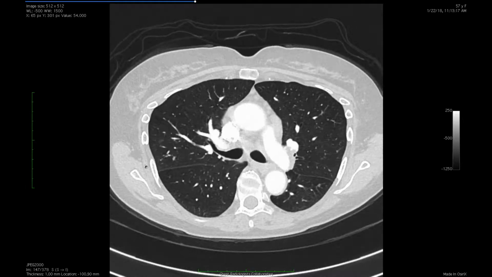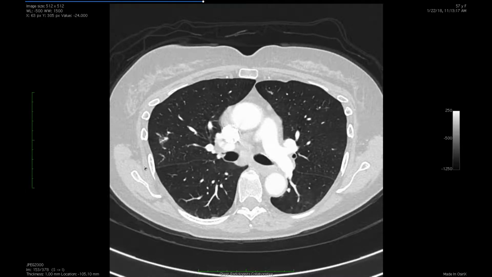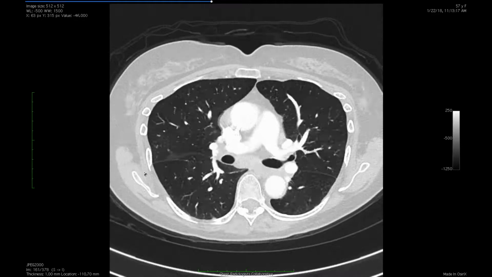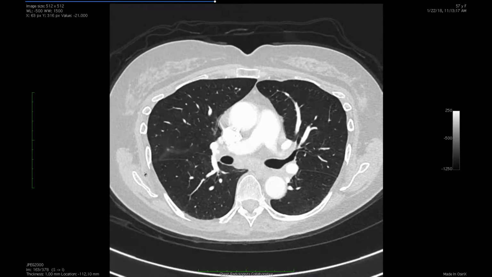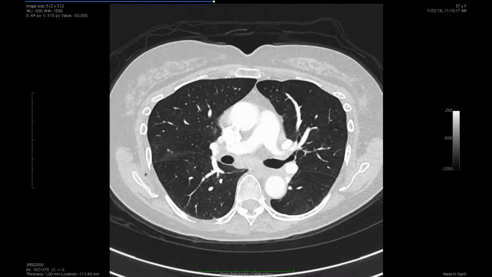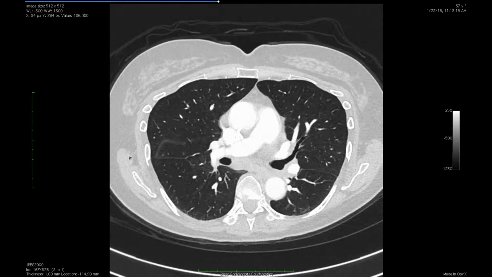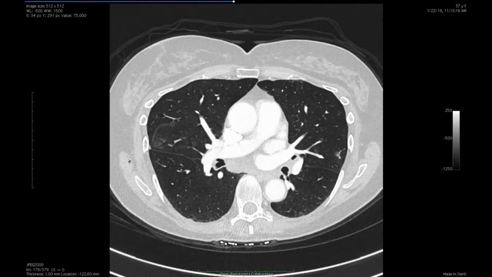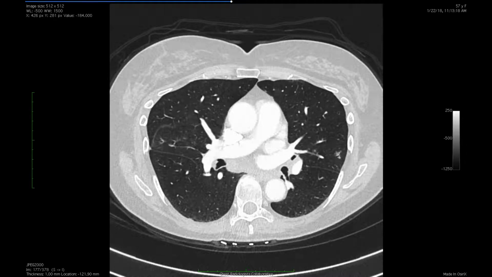And then if you scroll around in a case like this, you can see, oh, maybe more of the same here. And then, of course, if you scroll around, you see more of the same. Right down here, I'll show you in a moment, are some little nodules and tree and bud-like lesions. And it's the kind of case where you then begin to scroll around and you begin to see the same kind of phenomenon in other places like that.